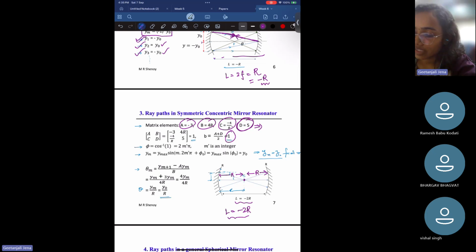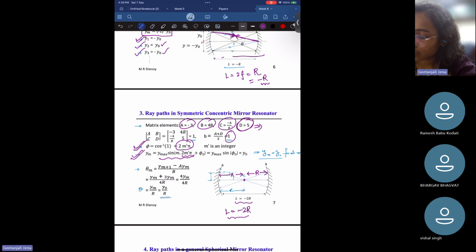Now from B we'll calculate the value of φ, which is nothing but cos inverse of B, which is 1. Now cos φ is 1, so that means it's an even multiple of π. So now we have to use the ray equation, which is ym equal to y_max sin(mφ plus φ0). So it's an even multiple of π.